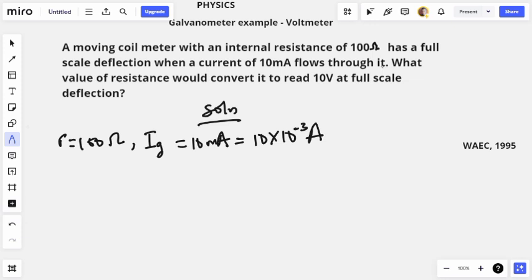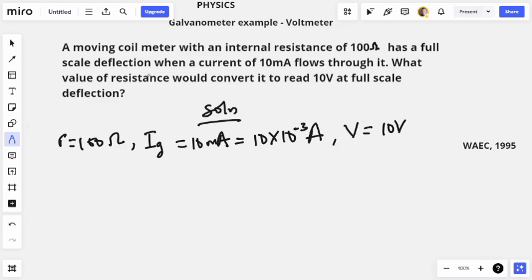What value of resistance would convert it to read 10 volts at full scale deflection? That means our voltmeter reading is 10 volts. That's the highest voltage we want the voltmeter to be able to read.